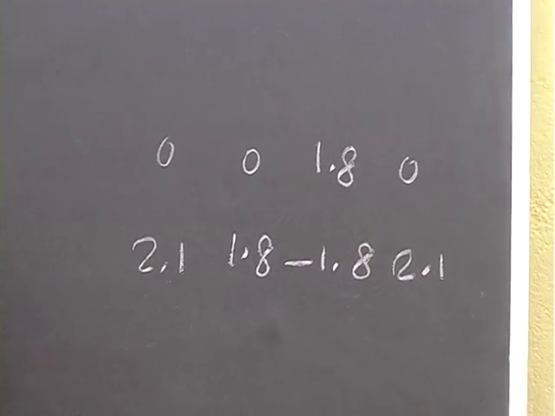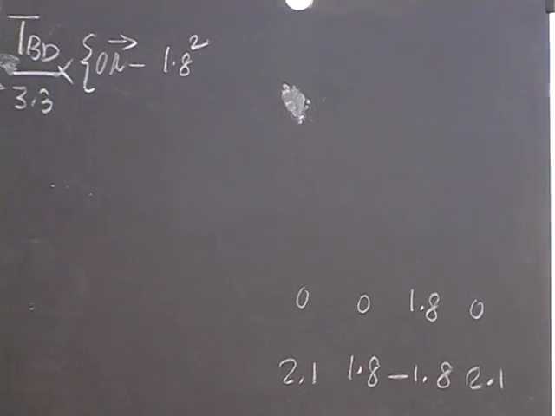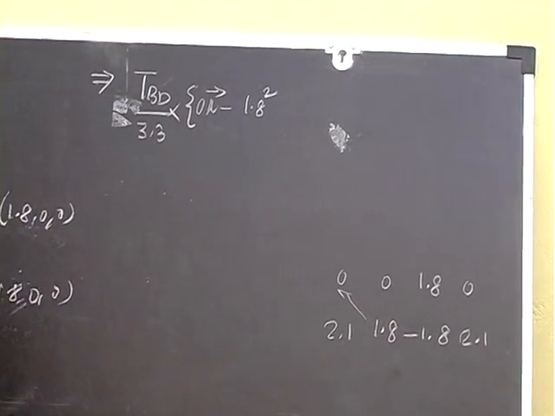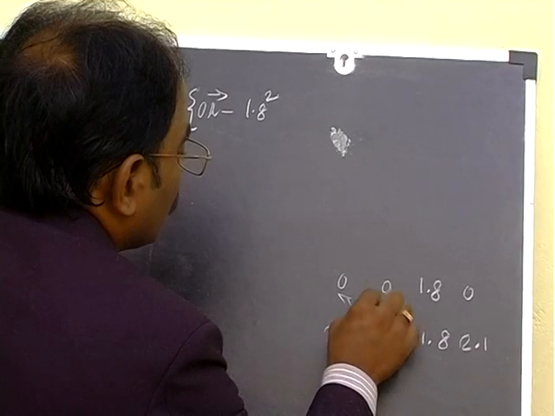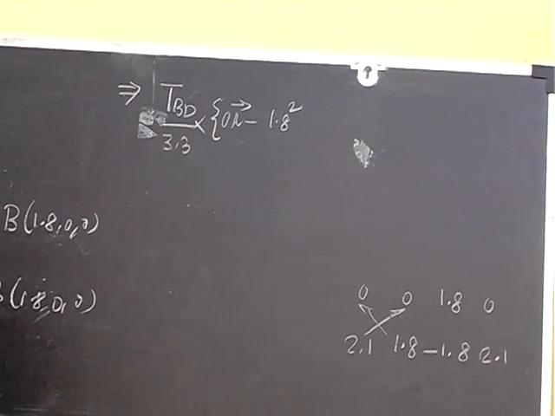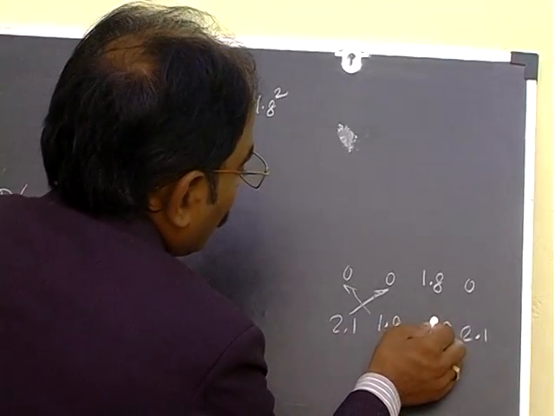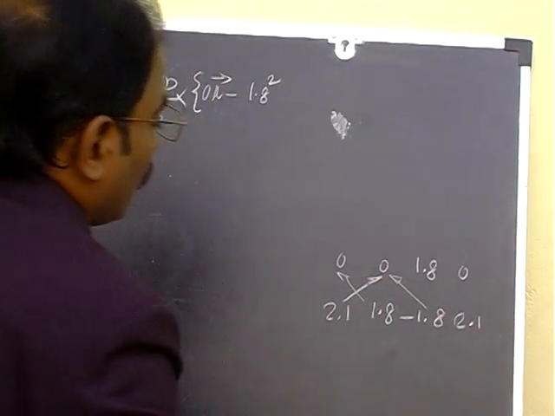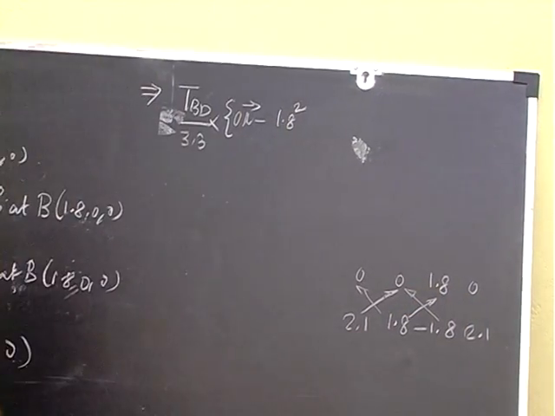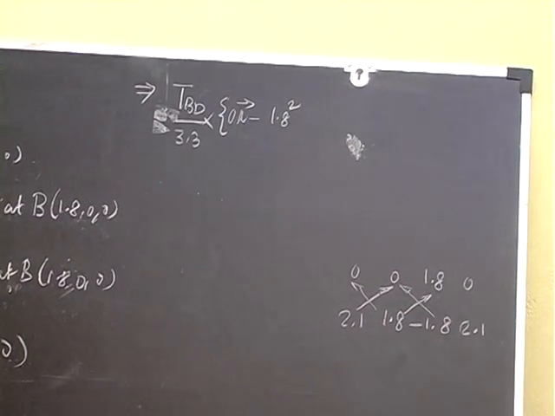For the first term, 0i, we found it by cross multiplying 1.8 with 0 and subtracting it with 2.1. For the second term we cross multiplied and then subtracted. Like this we can find all the other terms also.